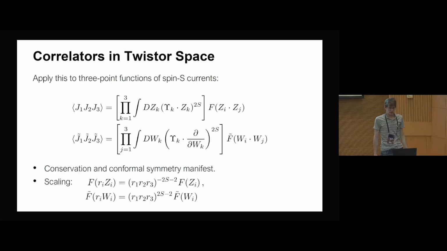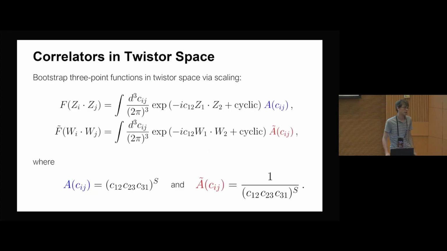So note also that since these integrals have to be invariant under rescalings, then these correlators in twistor space, f and f tilde, must scale in a specific way with respect to each of these twistors. And we can use this expected scaling in order to bootstrap these correlators in twistor space, and indeed this is what we did. We just bootstrapped them via scaling, which was pretty simple.